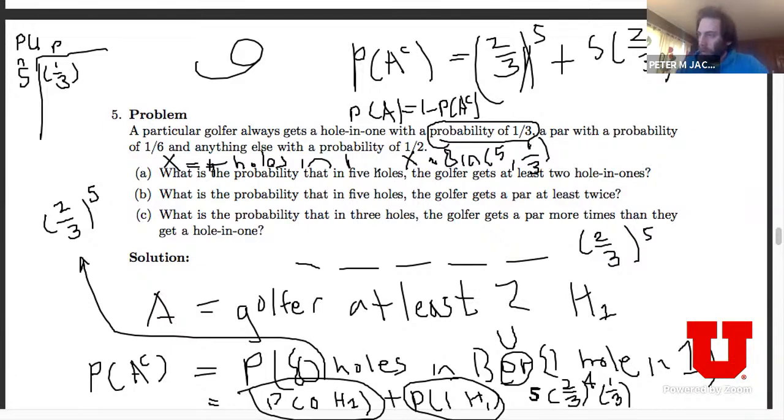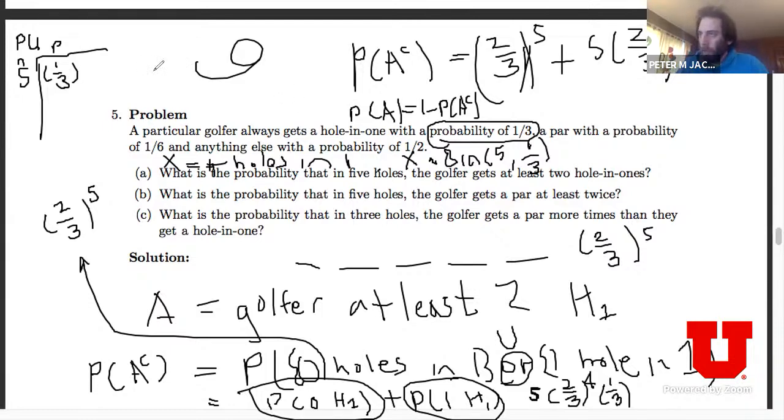All right, so the next problem, part B, is the same. It says, what is the probability that in 5 holes the golfer gets a par at least twice? This is the same problem, except it's par instead of a hole in 1.